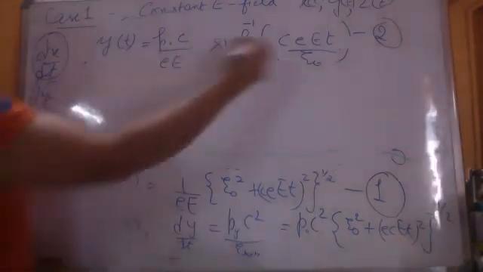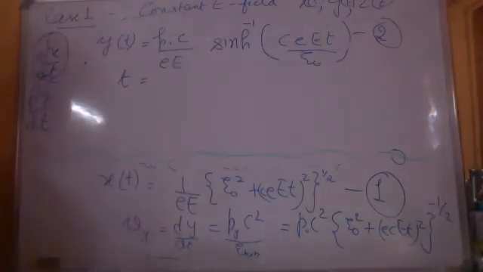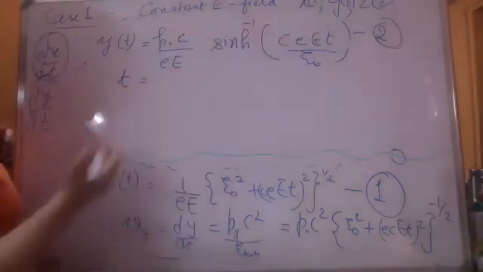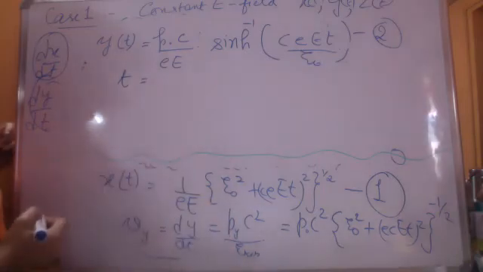So then I can find the equation of my curve. I can eliminate t using my second equation and substitute it into my first equation.